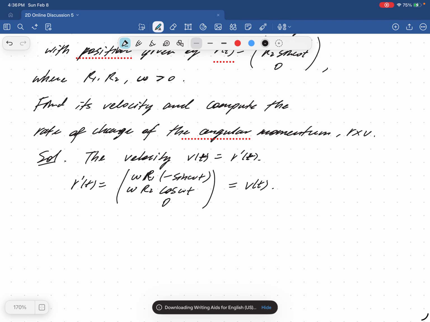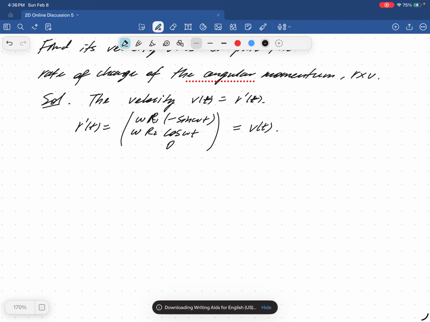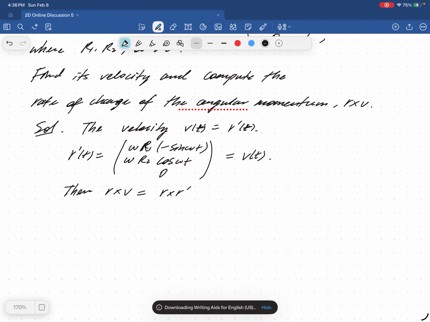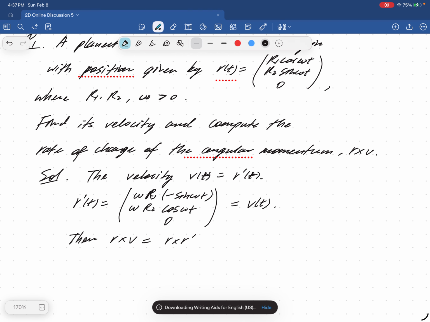So now we can compute the angular momentum, which is going to be equal to r cross v. This is just r cross r prime. Well, of course, at this step, since we already know both r and r prime, we can compute the cross product in the regular way, and then take the time derivative, d/dt.